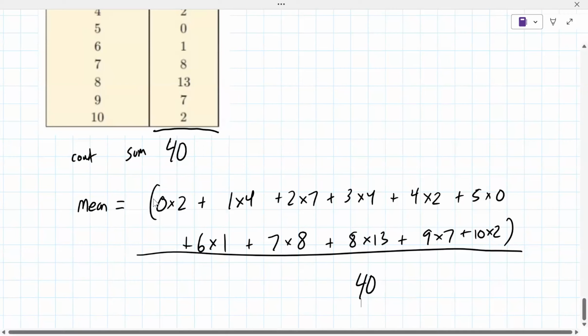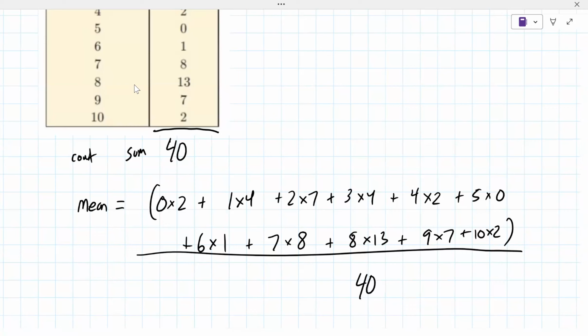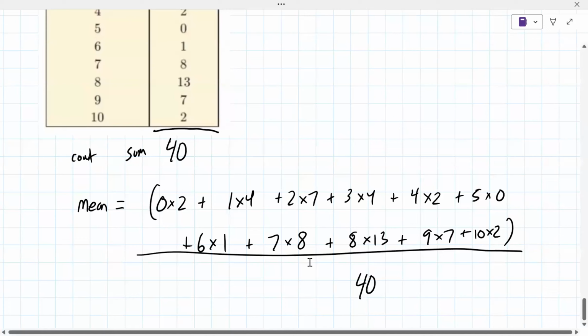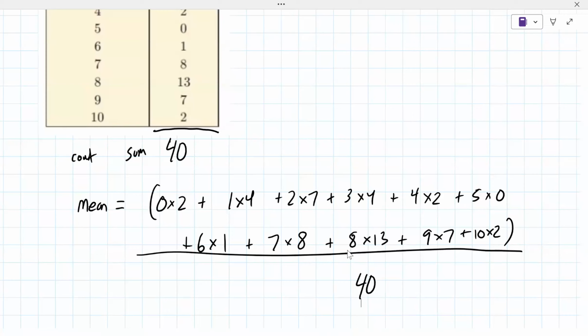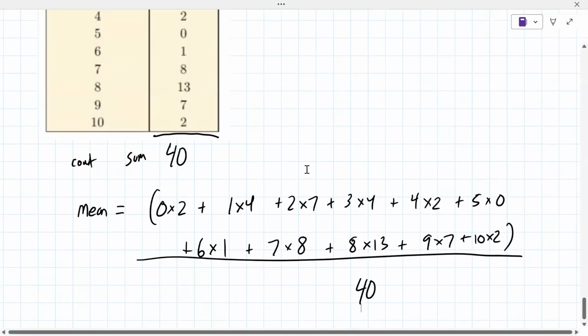Yeah, definitely a big difference in there. 249, and then divide by 40. I forgot to divide it by 40. 249 divided by 40 is 6.225. Okay, that's reasonable.